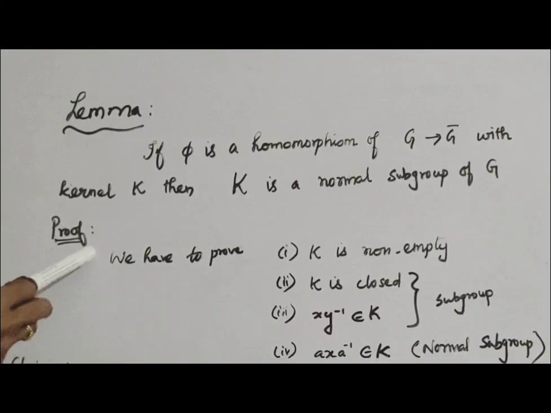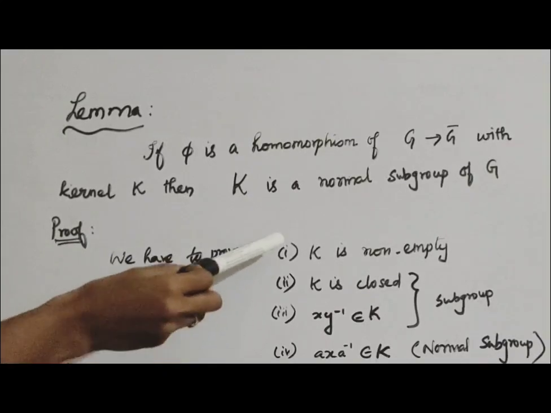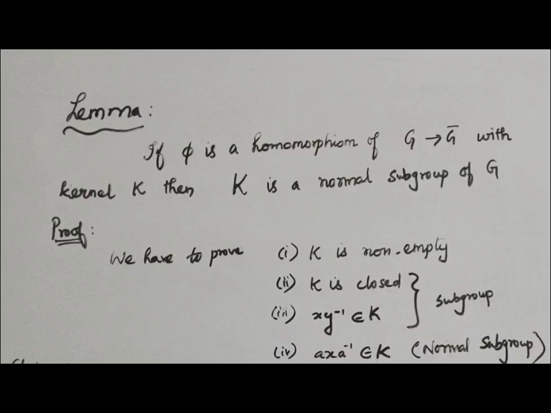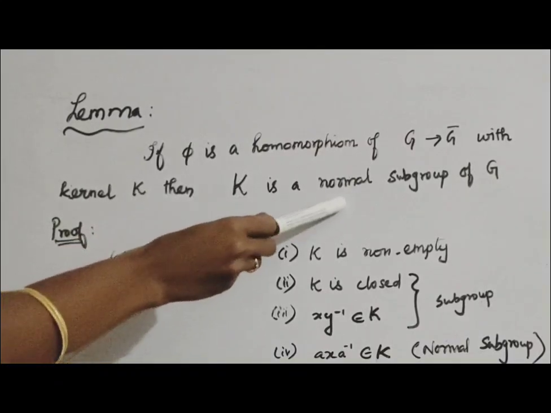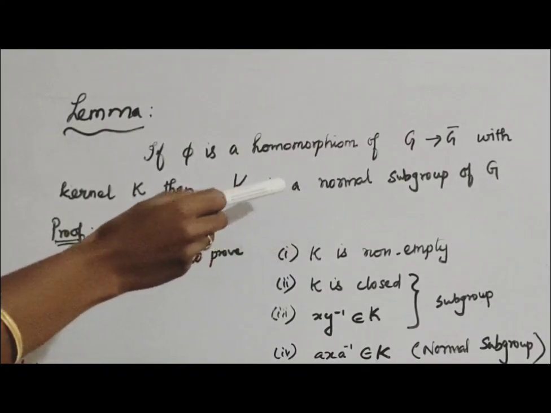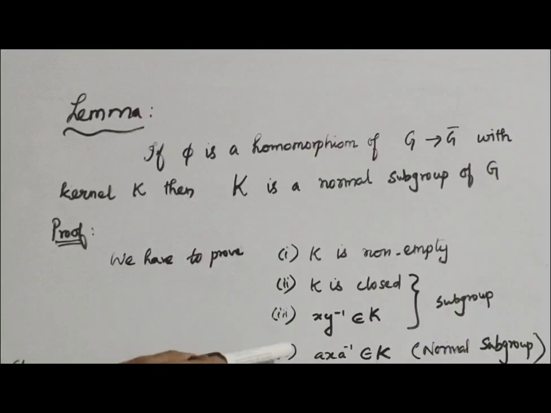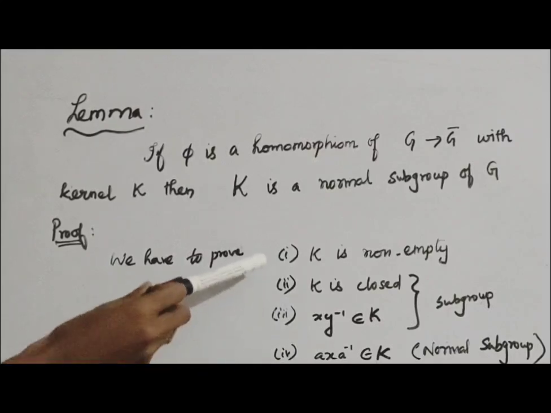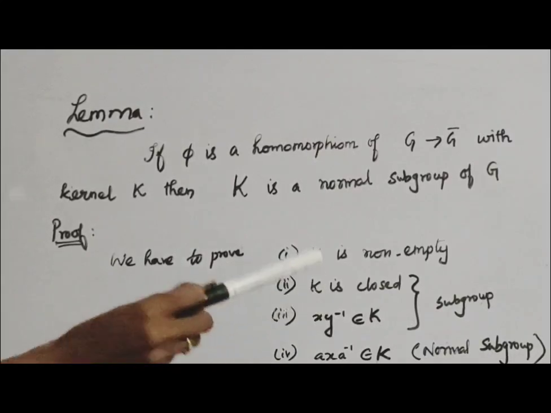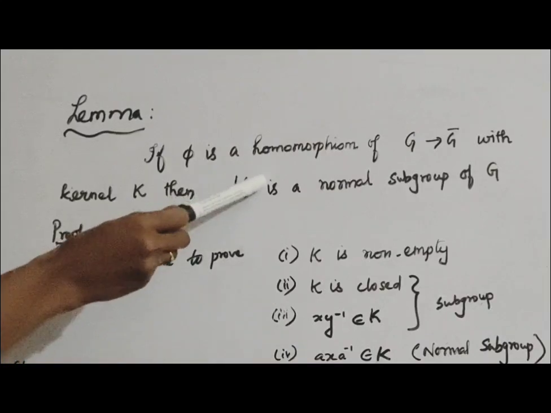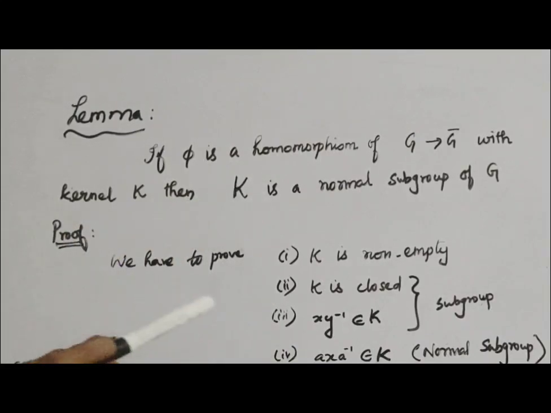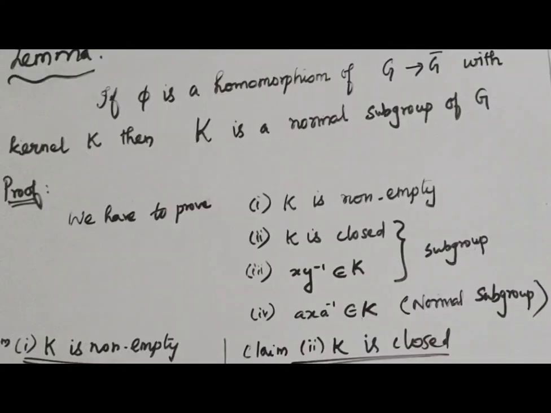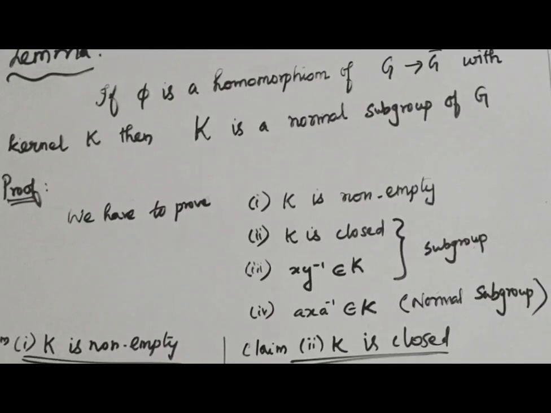For that, we have to prove the following four conditions. What are they? First one, K is non-empty. We have to check whether this K is a non-empty set. Second, whether K is closed.